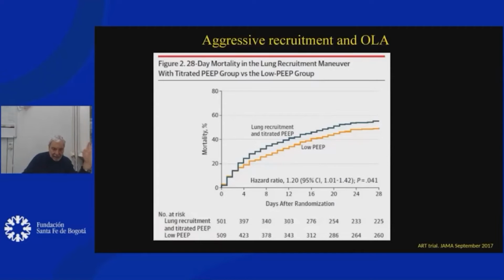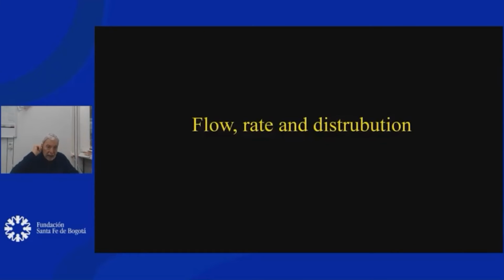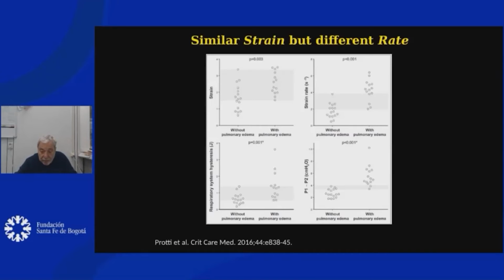So we have seen tidal volume, we have seen PEEP. Now, flow, rate, and distribution. These were experiments we did with Protti years ago, and we used a similar strain, but different rate.